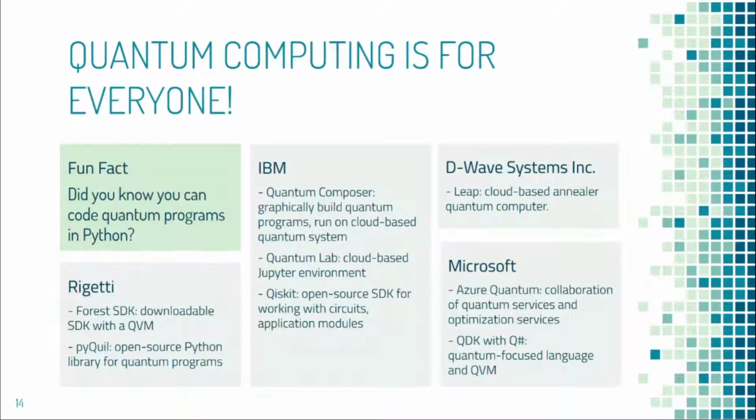Microsoft has developed their own quantum-focused language called Q Sharp. I'm starting to notice a pattern with Microsoft's languages: C Sharp, F Sharp, Q Sharp. But they use that with their quantum virtual machine as well. And they also have a service with their product Azure, which is a collaboration of different quantum servers with different companies, as well as different optimization services.